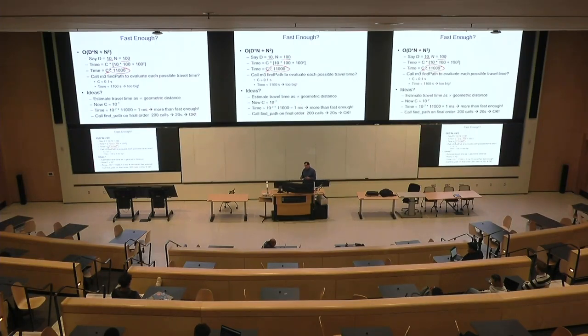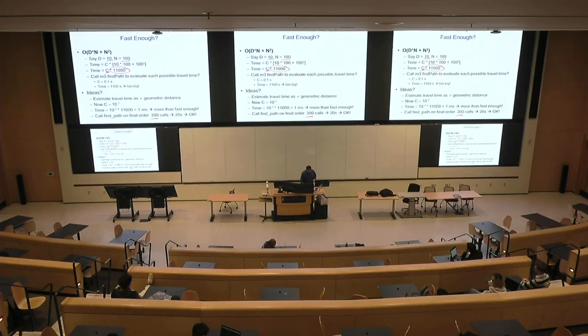Now, we don't want just delivery orders. In the end, we actually want a travel route, including all the street segments between these. But if you figure out the delivery order using geometric distance, and then you call find path just to make all the connections implied by that delivery order, there are only about 200 travel paths between those intersections.